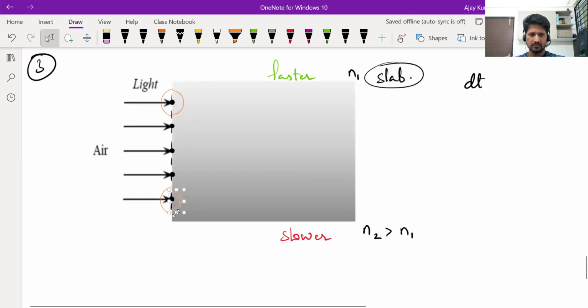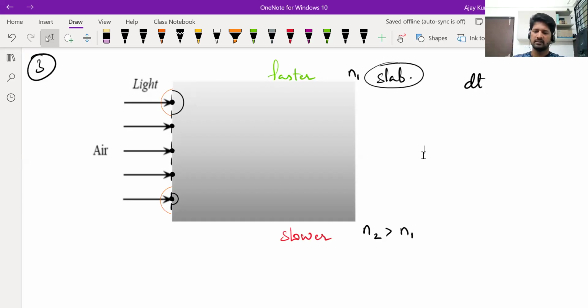Okay, let me adjust this. We'll change the color a little bit. It's not properly visible. Take it in black itself. Okay, this is what would happen. In the upper layers of the slab, light travels faster.